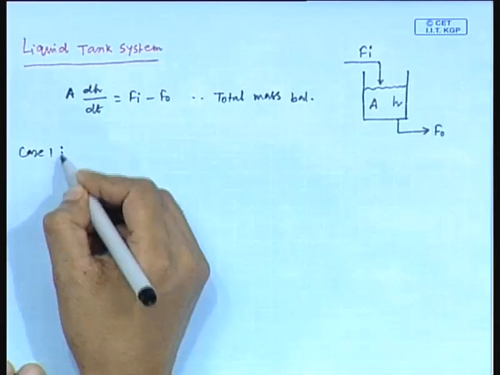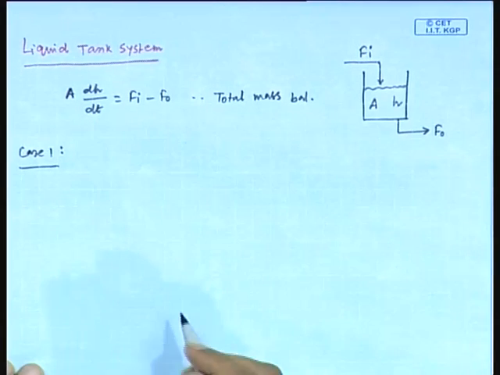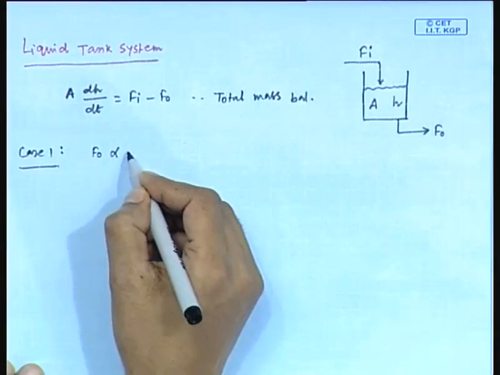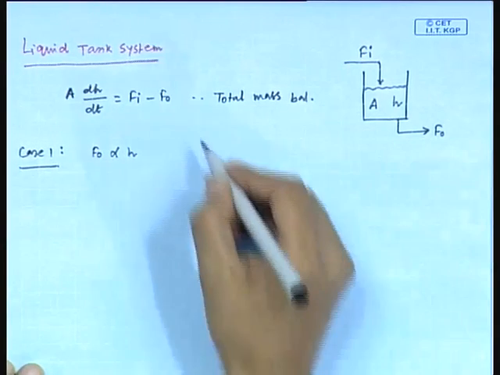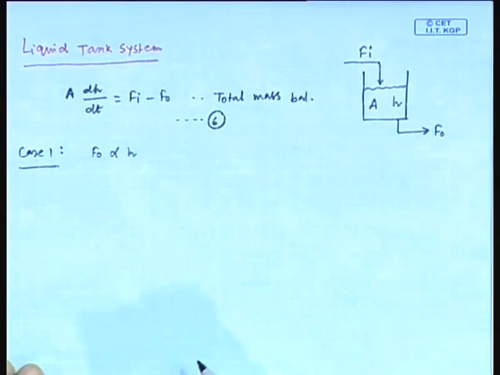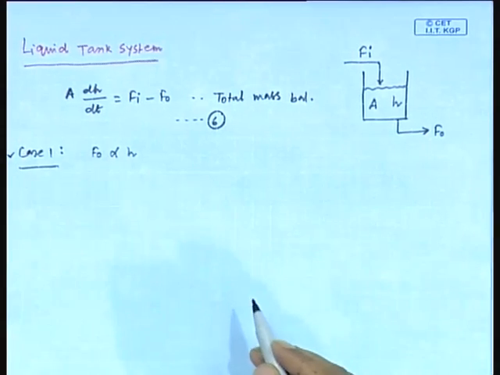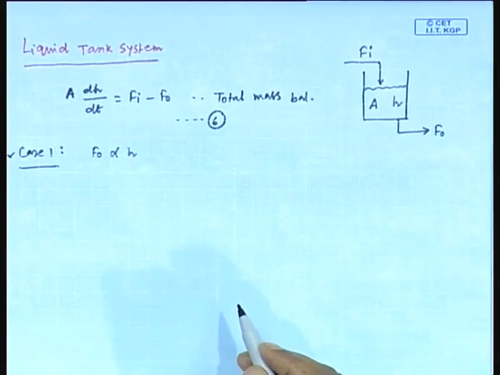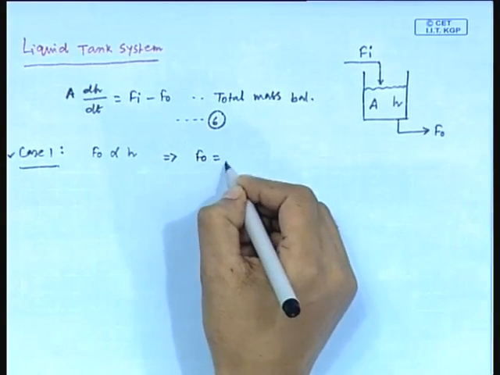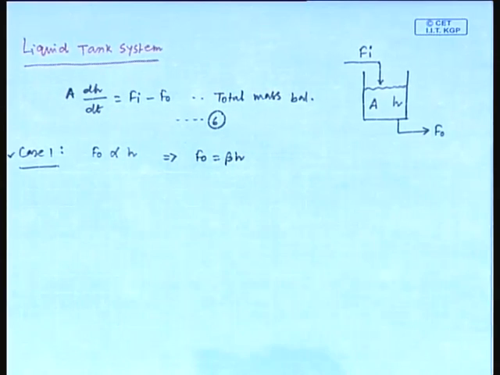In first case, we will consider F0 is proportional to H. Anyway, you give this as equation number 6. In the first case, we will consider F0 is proportional to H. That means F0 equals to beta H.